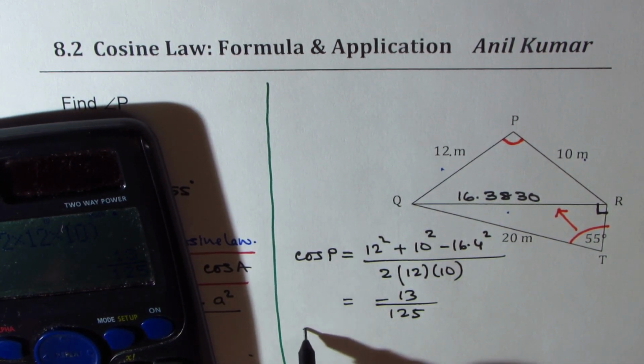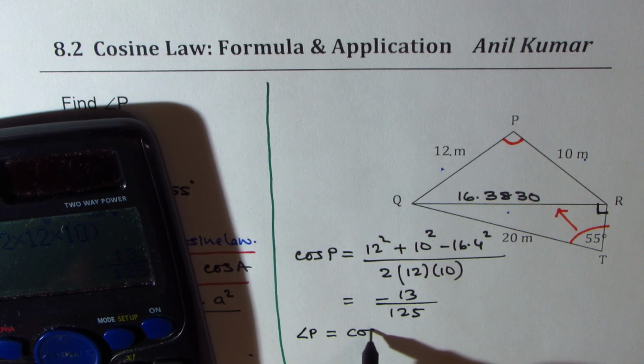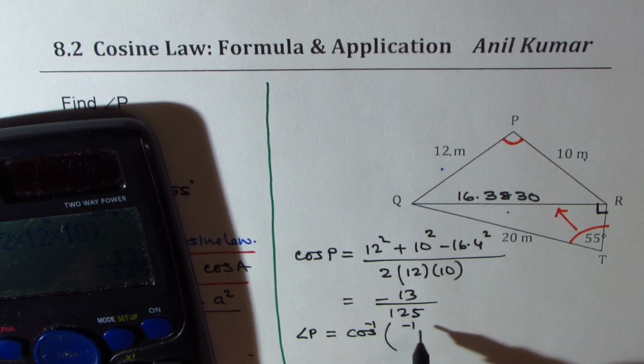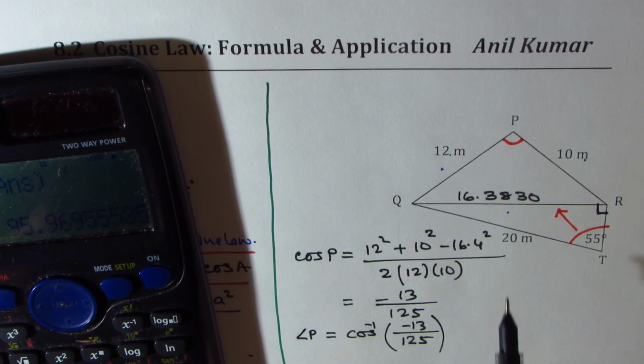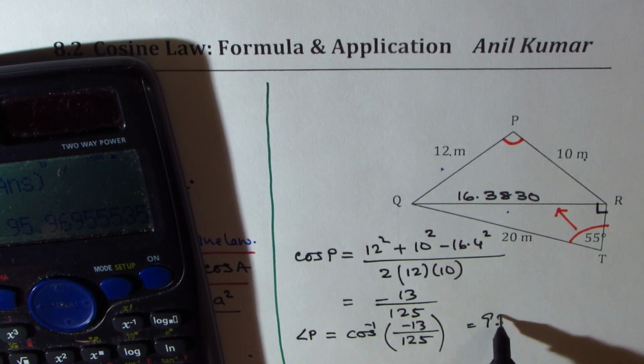Now let's find the angle P, which is cos inverse of negative 13 over 125. So we expect this angle to be greater than 90 degrees, right? Shift cos inverse of the answer gives you the value 95.96.